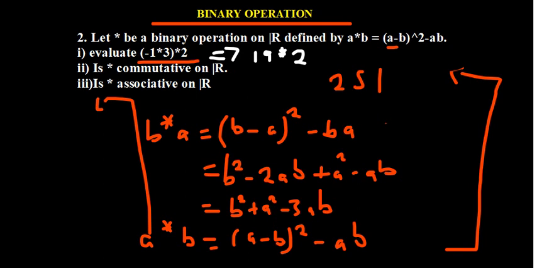So you have A squared minus 2AB plus B squared minus AB. So we have A squared plus B squared minus what? 3AB.